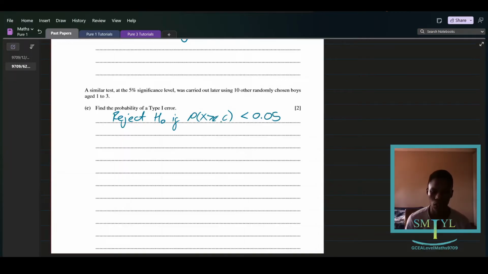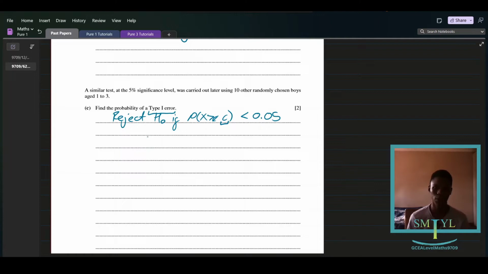So now we don't know what the critical value is, and we need to find the type 1 error. So a type 1 error, we're basically finding the probability of being in the critical region, the probability of being in the rejection region. So we need to find what our rejection region is.